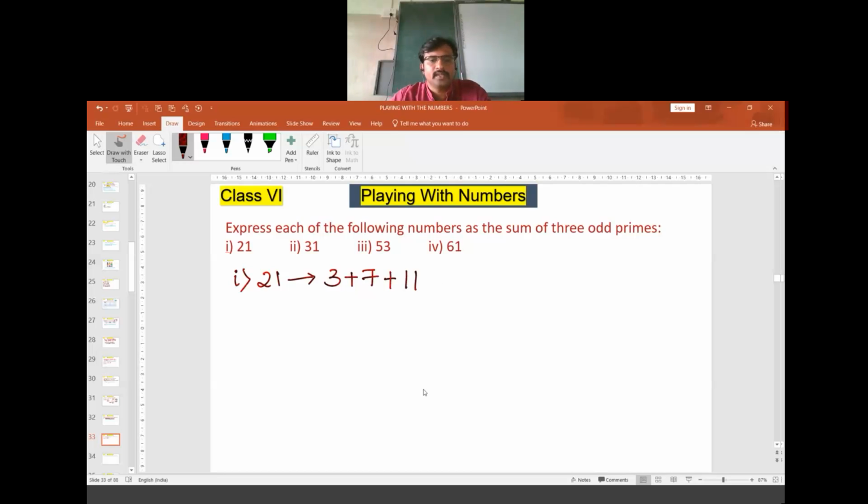The sum becomes 21. Likewise, you should write the combination of three odd prime numbers which makes 31, 53, and 61.